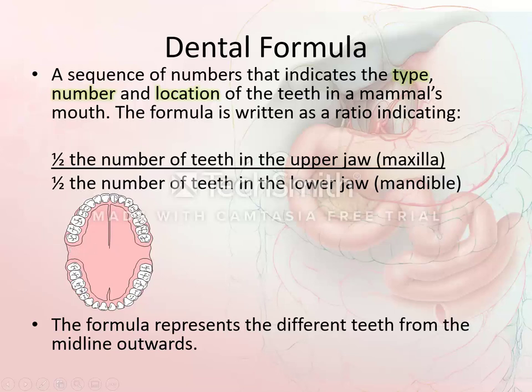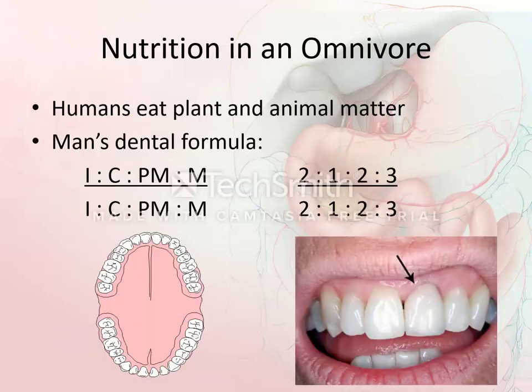So these teeth are being spoken for at the top, and these teeth are being spoken for at the bottom. And so you would have half of the mouth over half of the mouth. To find, obviously, the full complement of teeth, you would then double that number. All right, so as I said, from the midline outwards. So if we look at omnivores, now humans are omnivores, obviously animals.